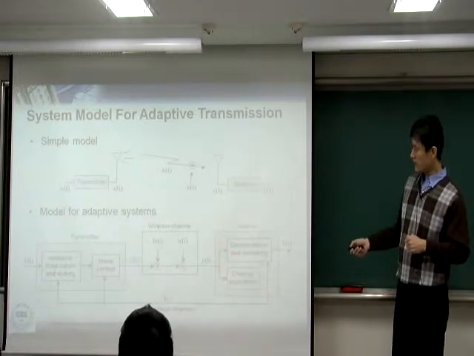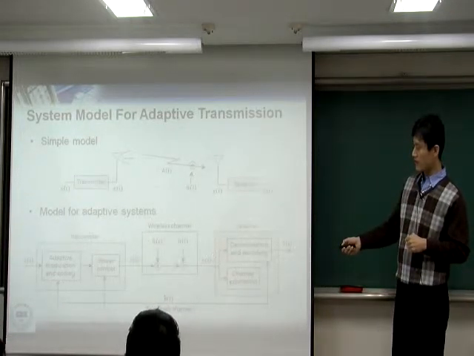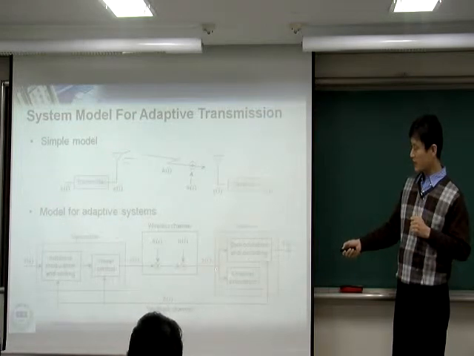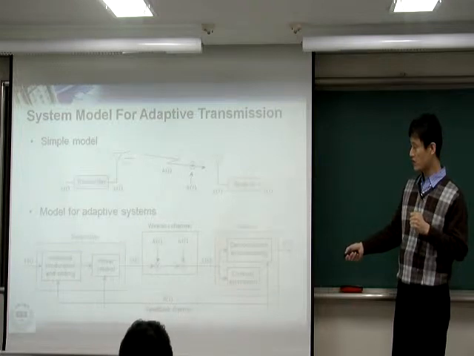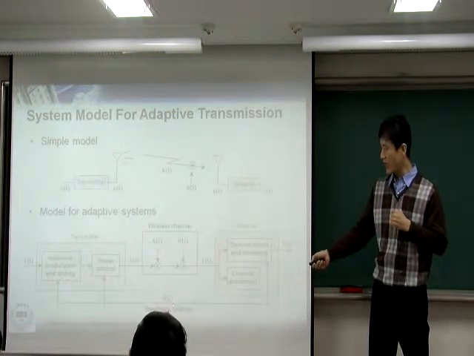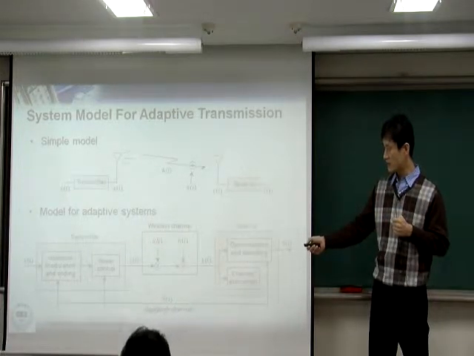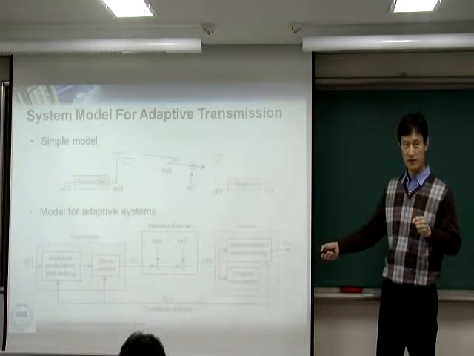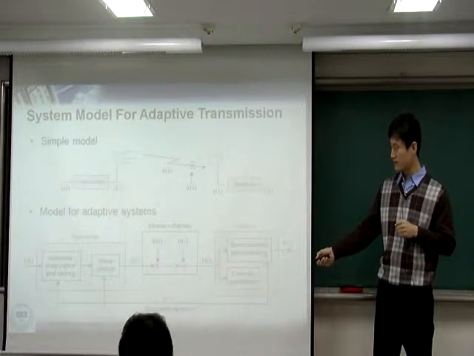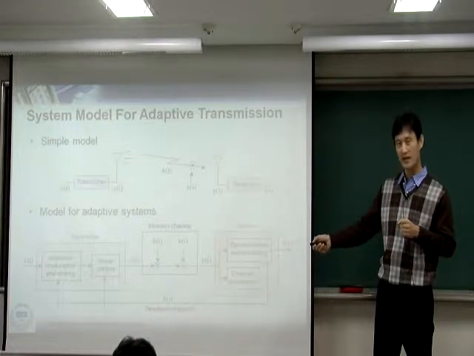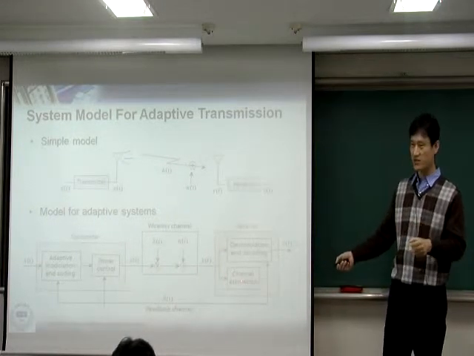In addition, whenever you receive Y, from this Y what you need to do is channel estimation. The reason for doing channel estimation is to estimate H. Estimation may not be perfect, so you get H hat. Ideally, H hat should be the same as H, but estimation always has an error.